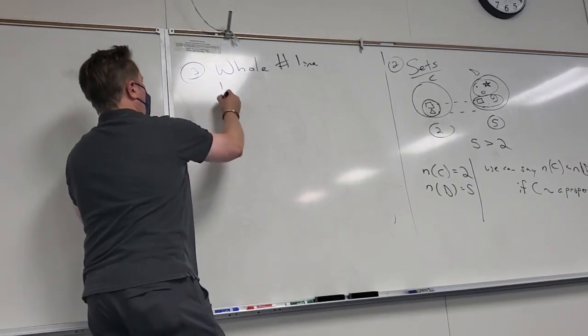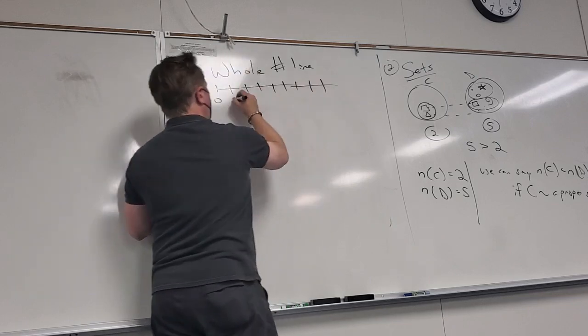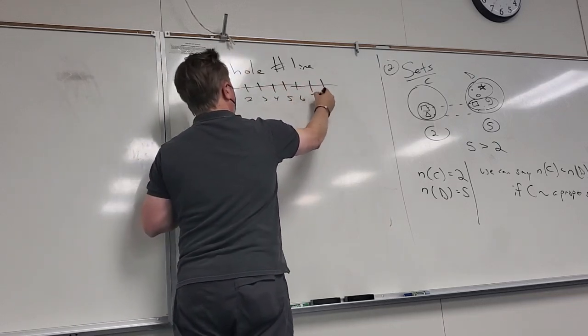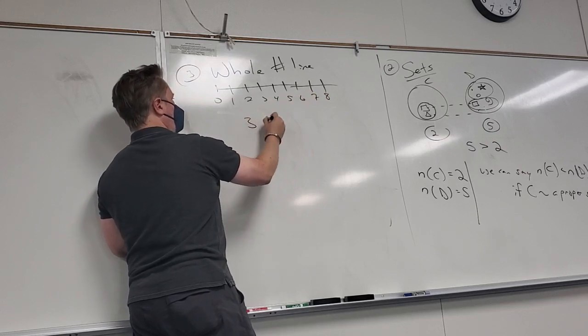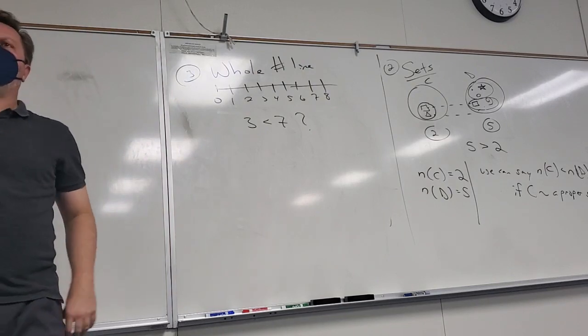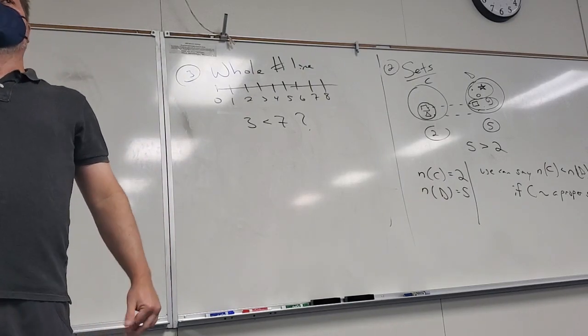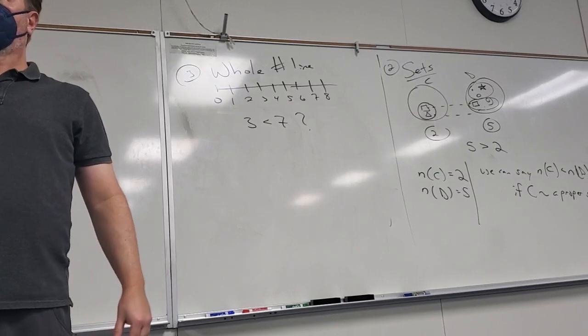So of course, 0, and so on. Once you get up to this visual, how can you show somebody that 3 is less than 7? Why would the number line represent that? Because it's closer to 0?